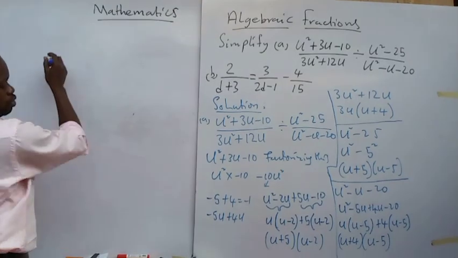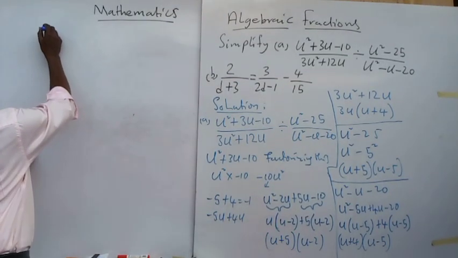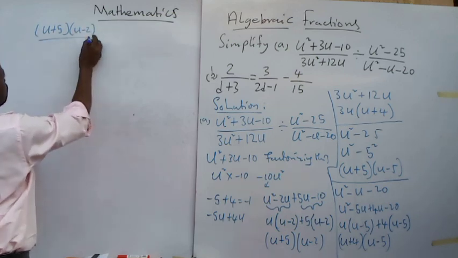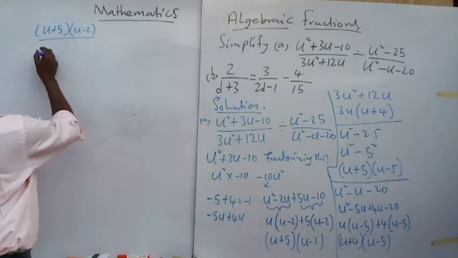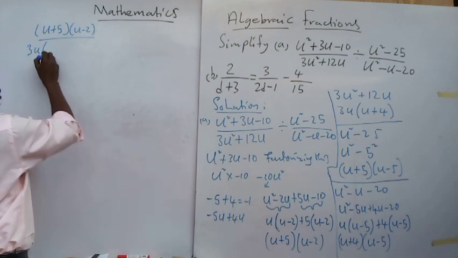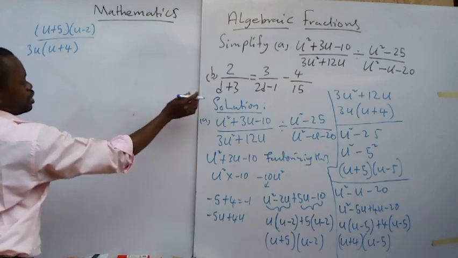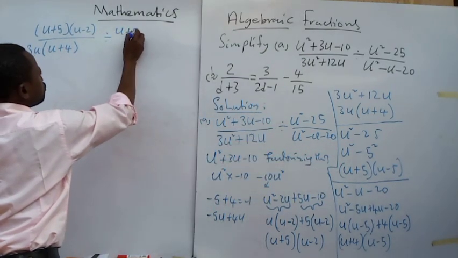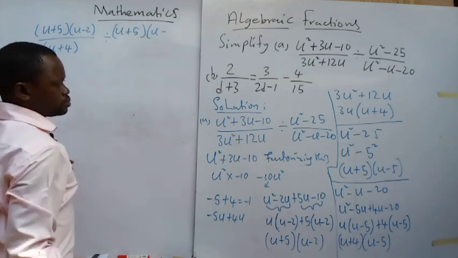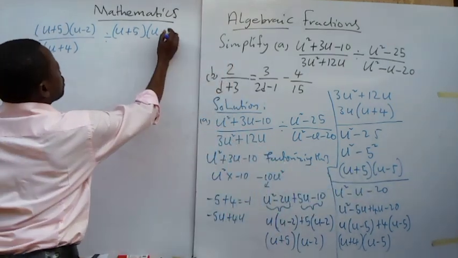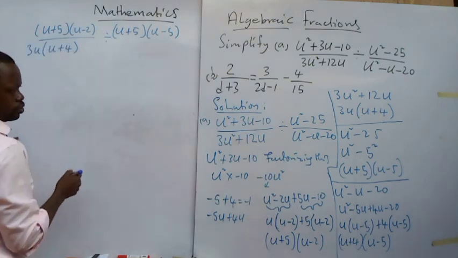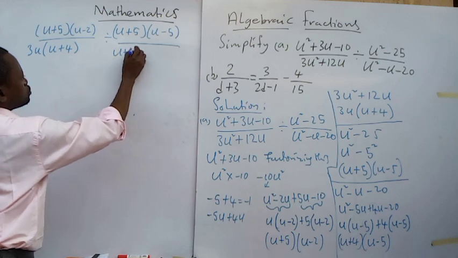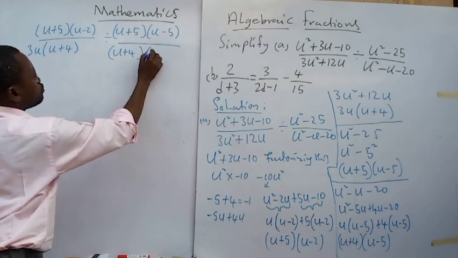Up there we will have (u plus 5)(u minus 2) all over 3u(u plus 4), divided by the difference of two squares, (u plus 5)(u minus 5), all over the factorized expression (u plus 4)(u minus 5).